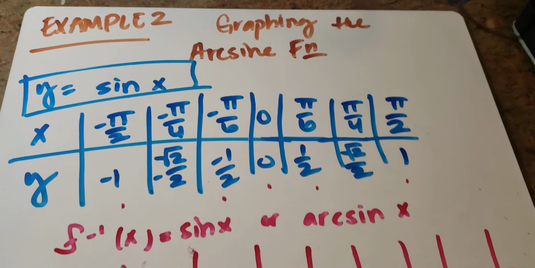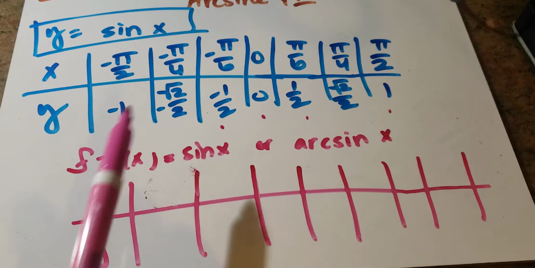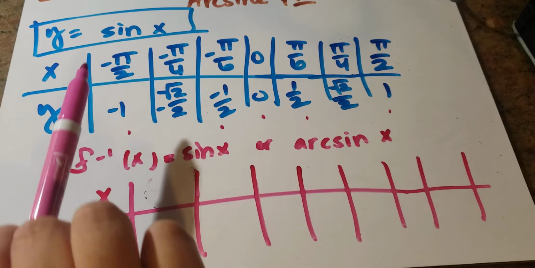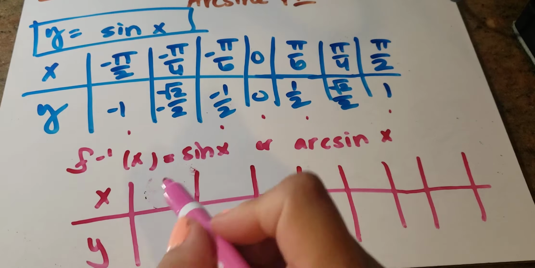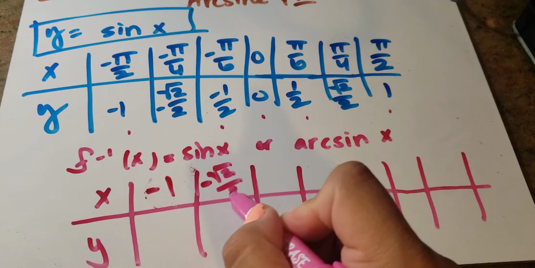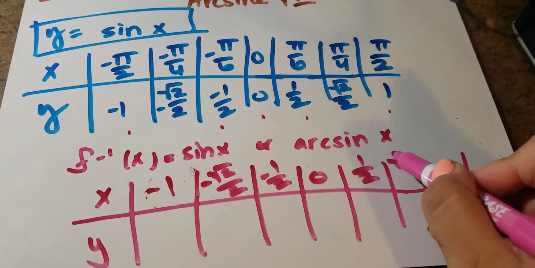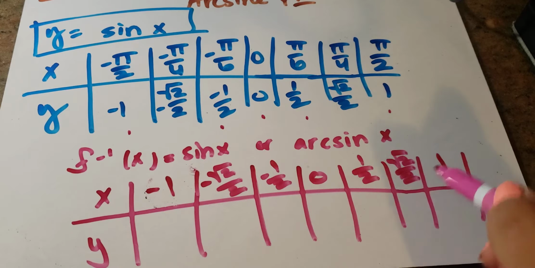Now, if I want to graph f inverse of sine of x or arc sine of x, basically what you've learned in the past is whenever you do the inverse, your x and y switch. So now your x value should be -1, negative radical 2 over 2, negative 1/2, 0, 1/2, square root of 2 over 2, and 1.